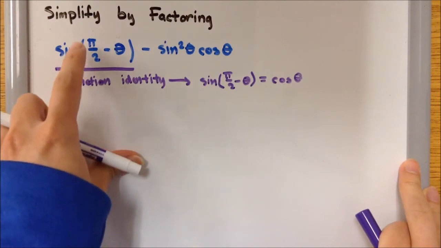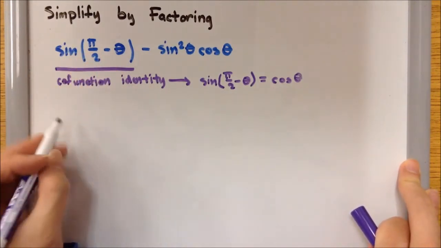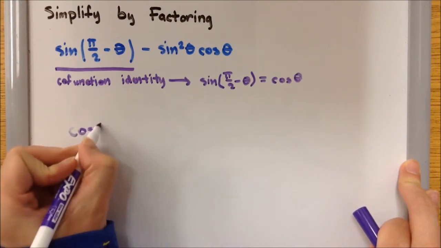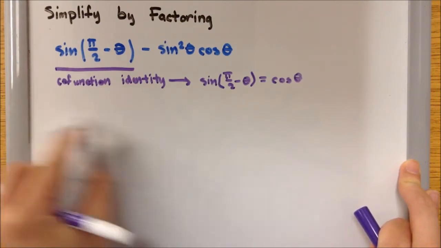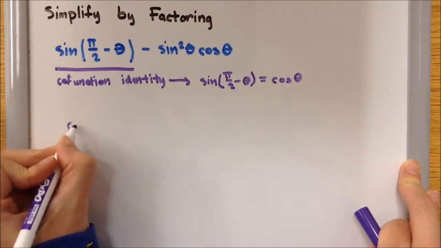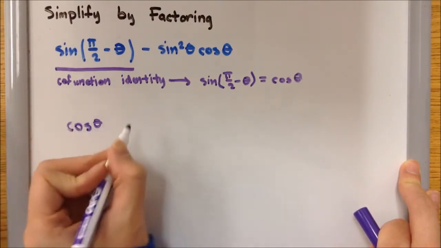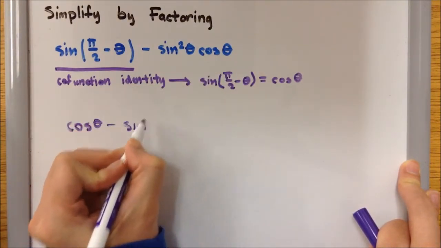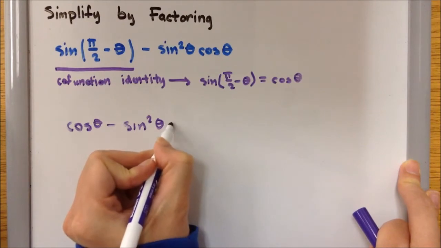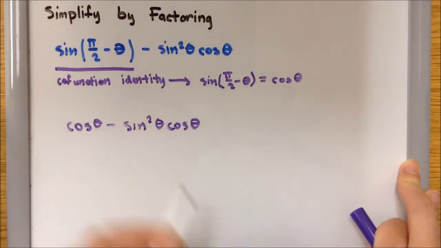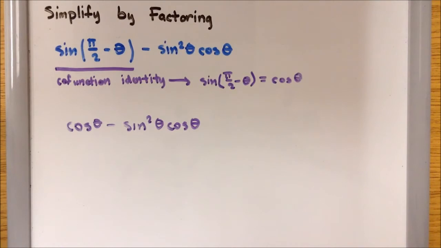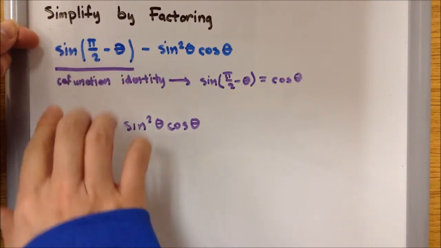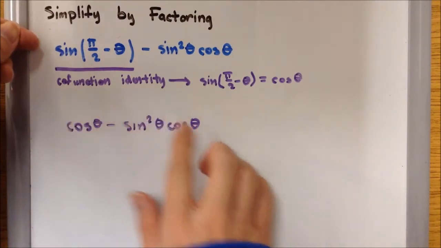I'm going to apply that to make this whole equation simpler. So sine pi over 2 minus theta is the same thing as cosine theta, so I'm going to rewrite it just as cosine theta. And then I'm going to bring down everything else, so minus sine squared theta cosine theta. Okay. So all I did was change sine pi over 2 minus theta into cosine theta because of the cofunction identity.